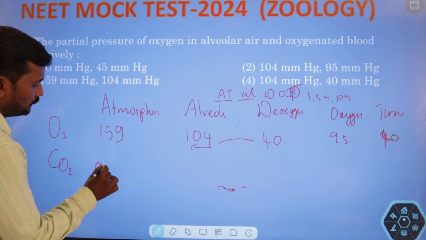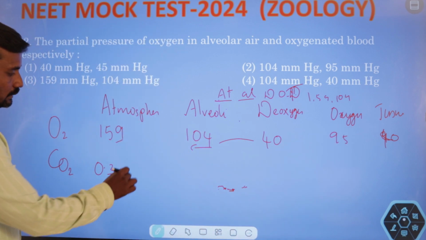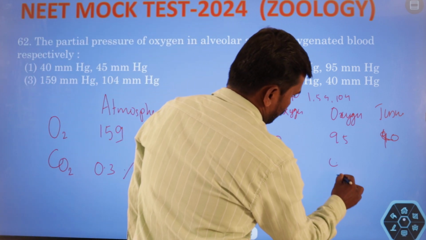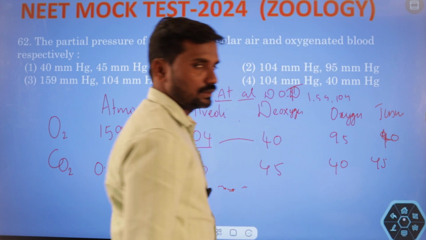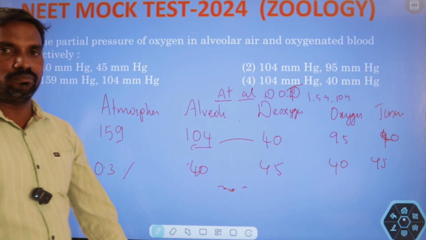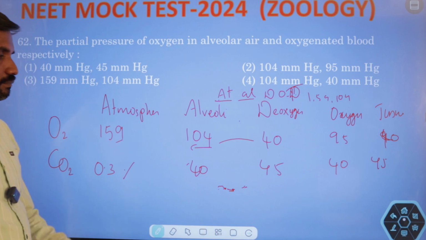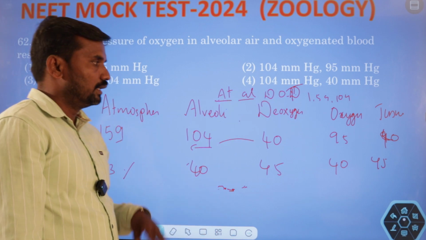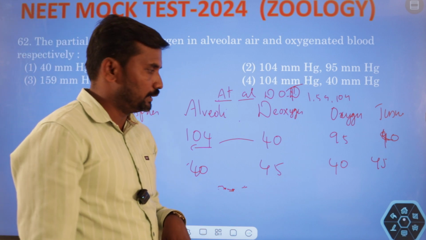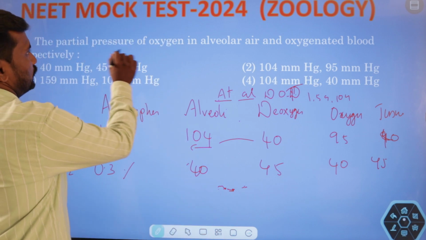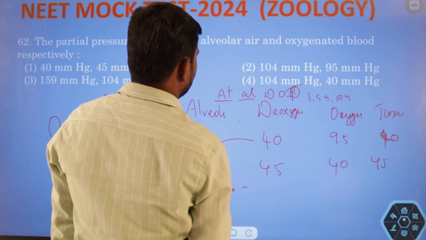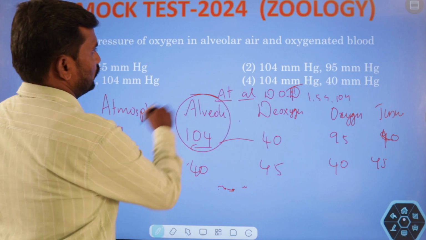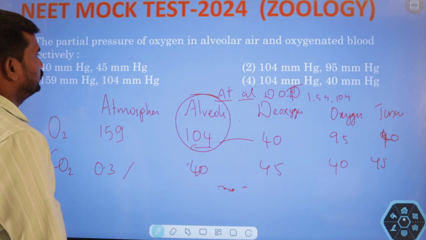But here 0.3 is the atmospheric concentration of carbon dioxide. Then 40, 45, again 40, 45. We need to remember. Rote memory is the basic need. We must understand the tabular column properly. The question asks the partial pressure of oxygen in alveolar air: 104 mm of Hg.